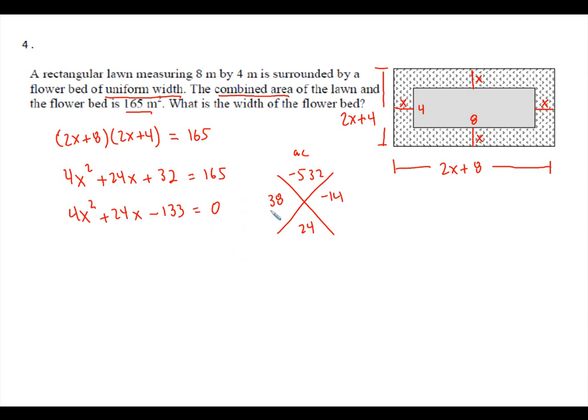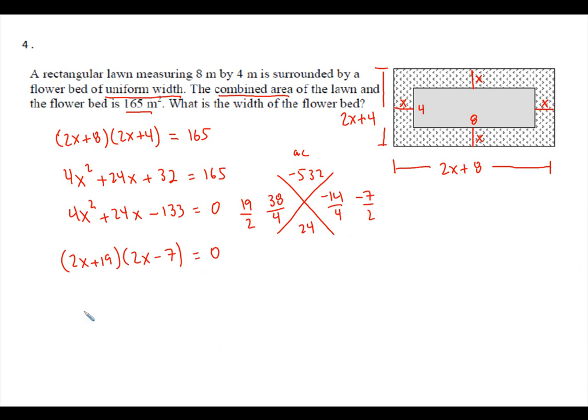Divide by a, which is 4. We can reduce these fractions, so let's reduce them. That's 19 over 2, and that becomes negative 7 over 2. So our factors are going to be 2x plus 19 and 2x minus 7 is equal to 0.